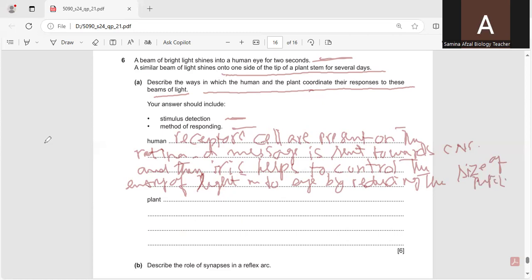On the other hand, what happens with the plants? The light will be detected by the shoot tips.